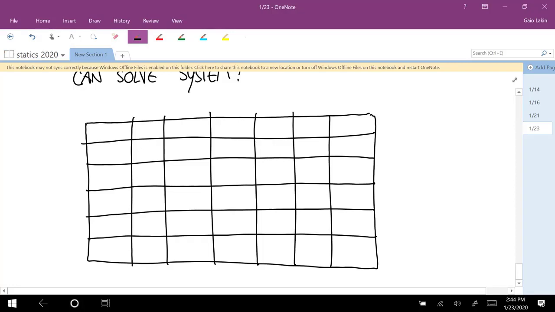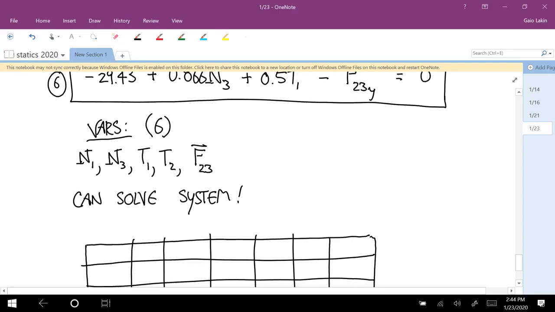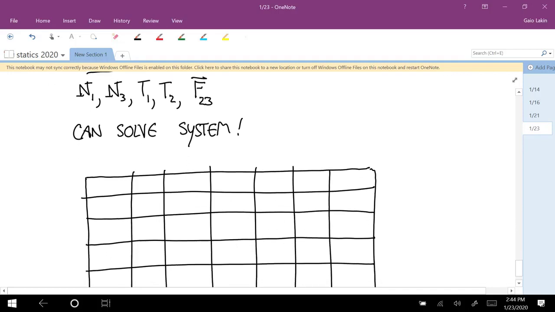And now we have to choose an order for these variables. I guess I'll use the one that I have here. So the first variable will be N1, and then N3, and then T1, T2, F23X, F23Y, and the last one is the constants.